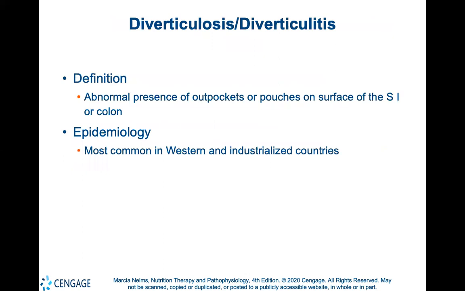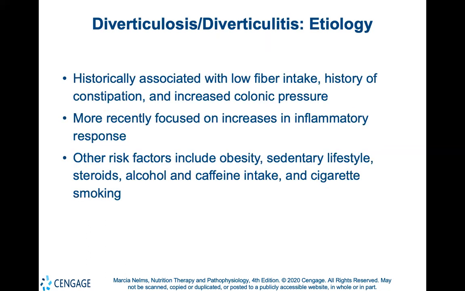Diverticulosis is defined as an abnormal presence of outpockets or sacs on the surface of the small intestine or colon, most common in Western or industrialized countries. Historically associated with a low fiber diet, history of constipation or increased colonic pressure, more recently focused on increasing an inflammatory response. Other risk factors could be obesity, sedentary lifestyle, steroids, alcohol and caffeine intake, cigarette smoking.